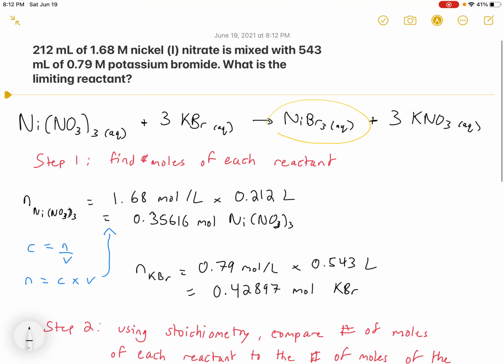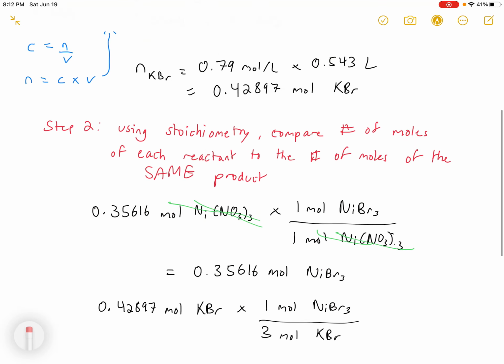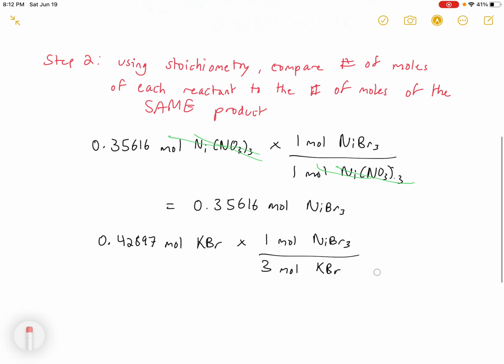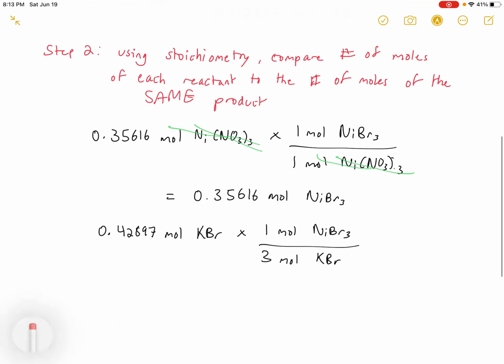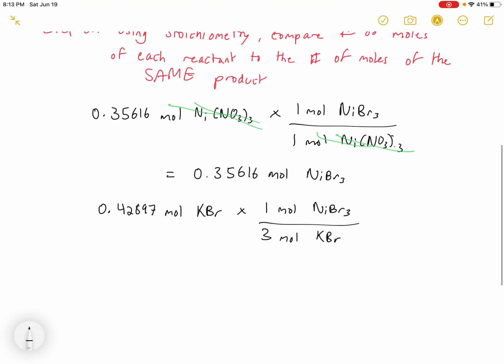You can see in the balanced equation the 3-to-1 ratio there. And the reason why I set it up this way is because I want the units of moles of potassium bromide to cancel out, because I already have that. I want to find the moles of nickel bromide. So when we multiply that by basically 1/3, we'll get 0.14299 moles of nickel bromide.